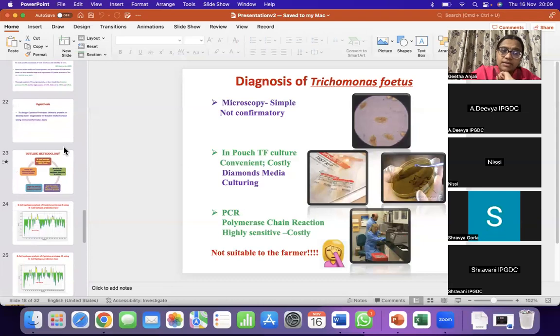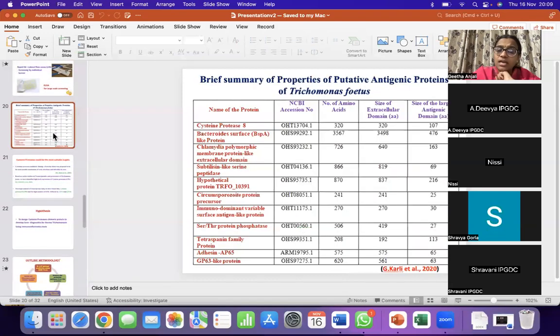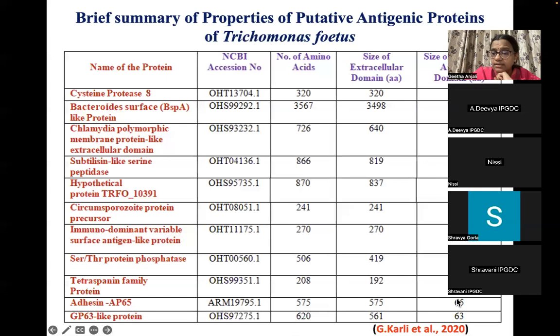You may not understand much, but based on that paper and the paper that I presented, this is my paper.